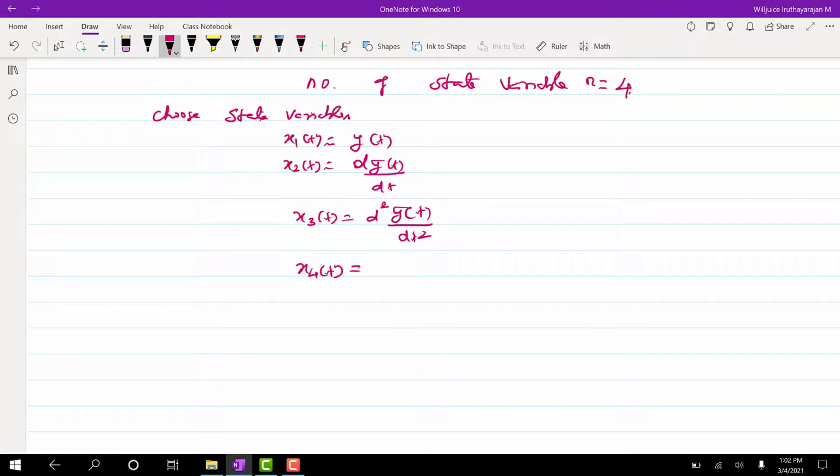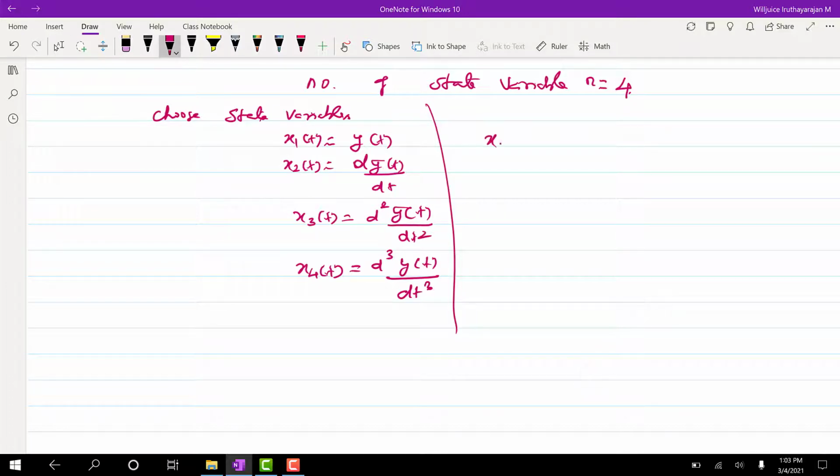Since this is a fourth order differential equation, we have to choose 4 state variables. So the output and n minus 1 derivatives can be chosen, that is d3 y of t by dt 3. So this is the first step: we choose the state variables. Next, obtain a first order differential equation of the state variables, that is x1 dot, x2 dot, x3 dot and x4 dot.